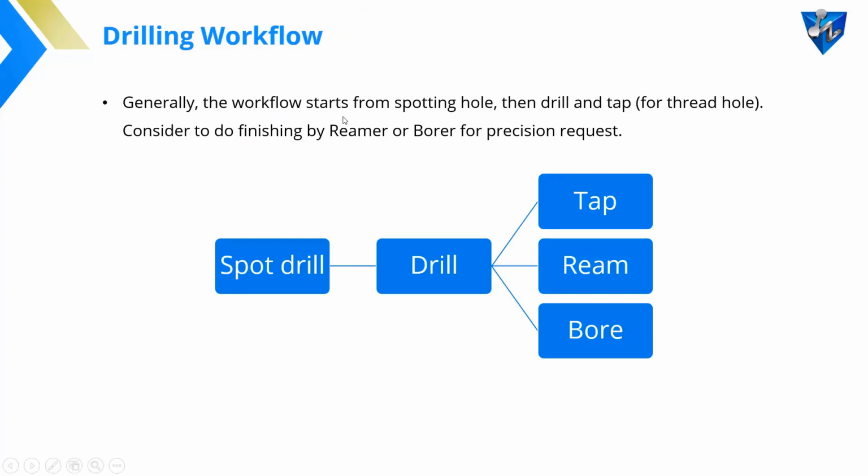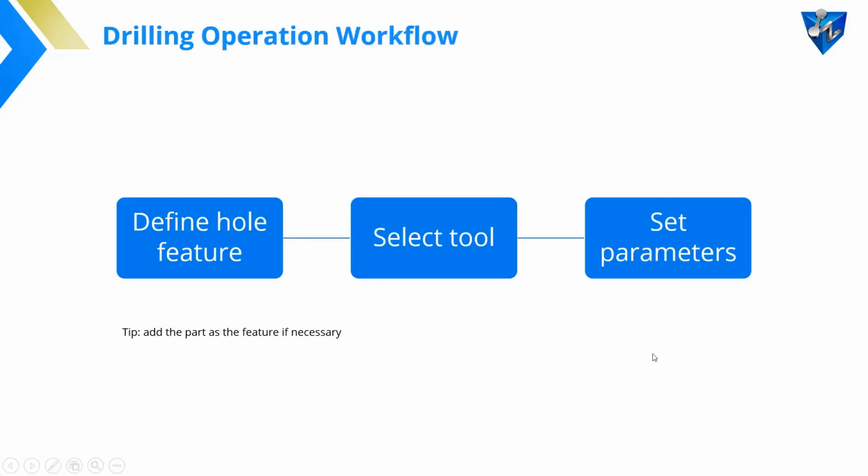Generally, the workflow starts from spotting a hole and then do the drill and tap for the selected hole. And for precision requests, we may need to use the reamer or borer to do the finishing work. Now let's check what the workflow is for the drilling operation.